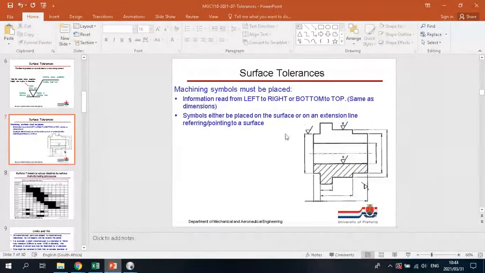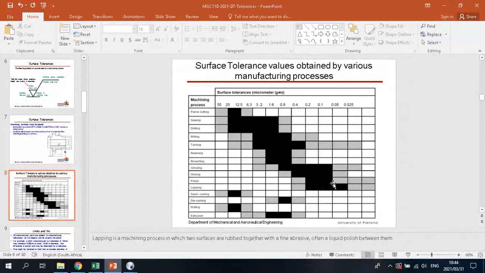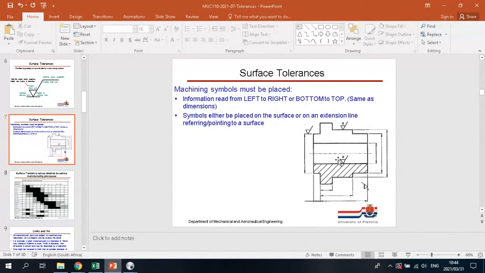And for that, you will use your surface finish symbol. And then you could use that little symbol with, for polishing, let's say a 0.05 there where the A is. So that shows the person making this component that he has to now do additional processes on the inside surface to make sure that the smoothness is smooth enough to be able to do its job.